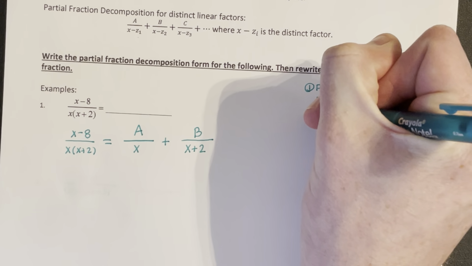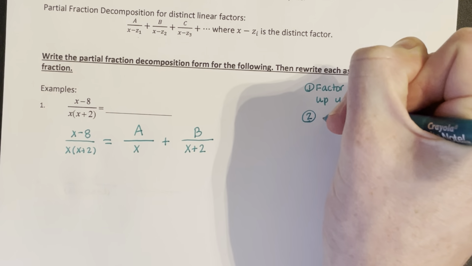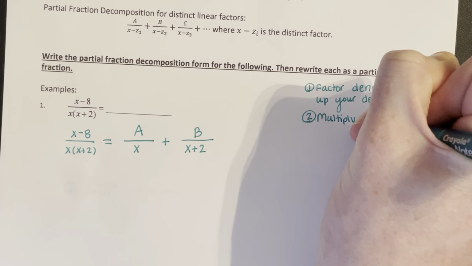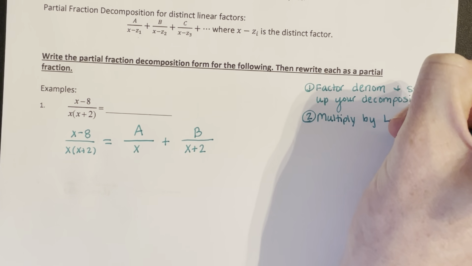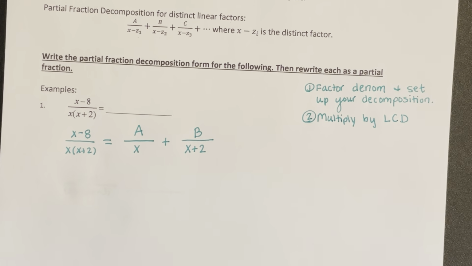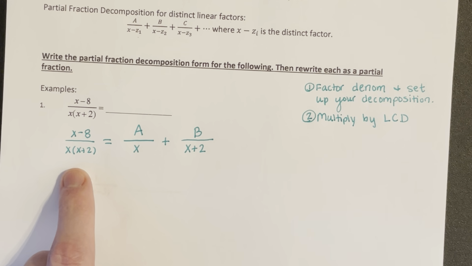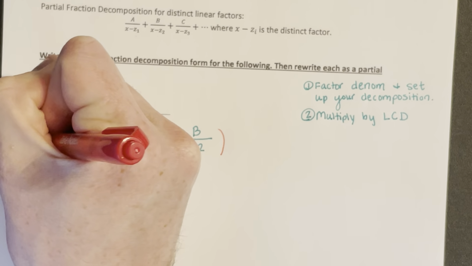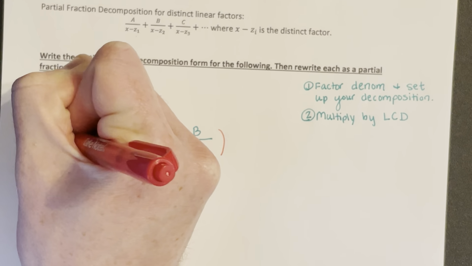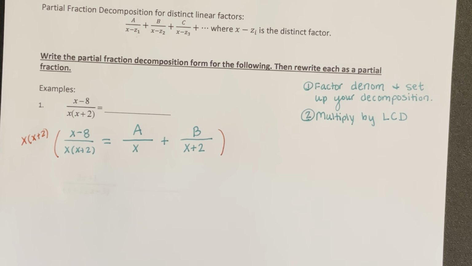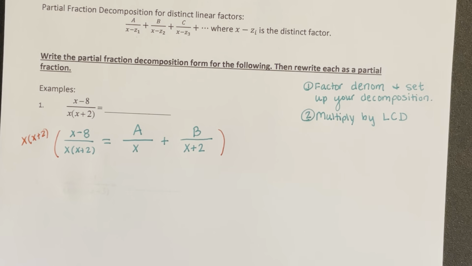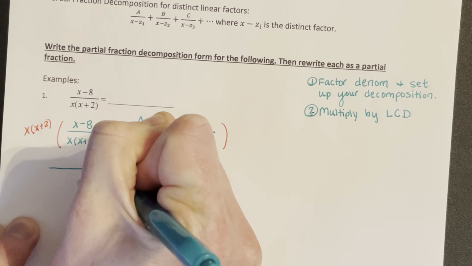Then we can multiply by that least common denominator. So what that would look like here, if I multiply by the least common denominator, which is just x times x plus 2, if I multiplied it through x times x plus 2, let's just write it out, and then we'll get the long version of this.